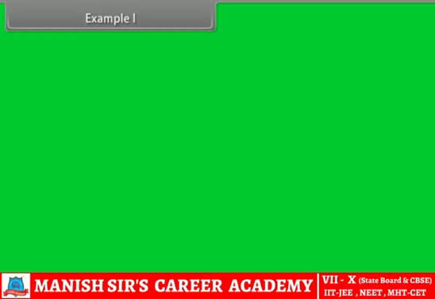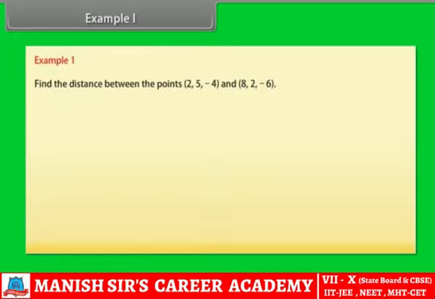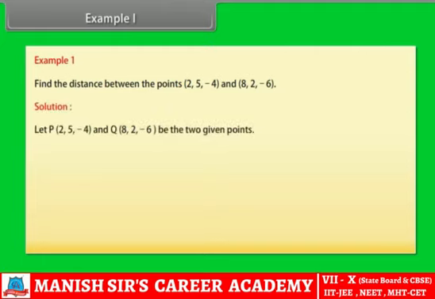Example 1. Find the distance between the points (2, 5, -4) and (8, 2, -6). Solution: let P (2, 5, -4) and Q (8, 2, -6) be 2 given points.